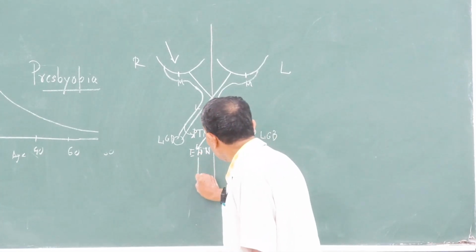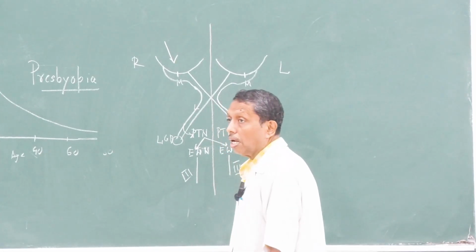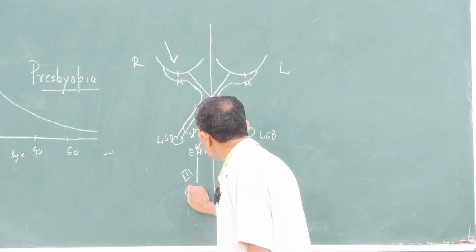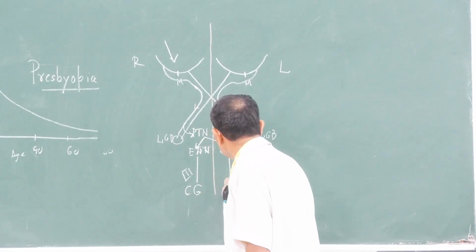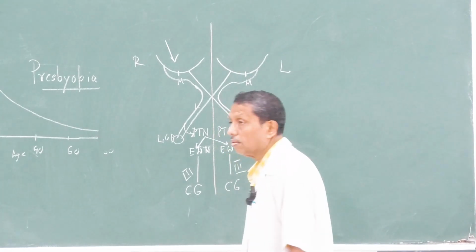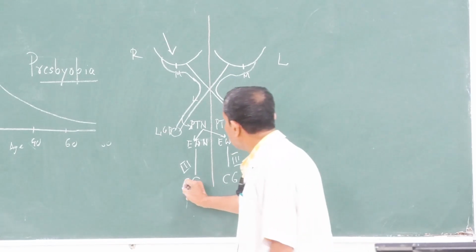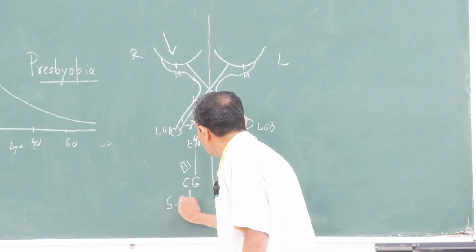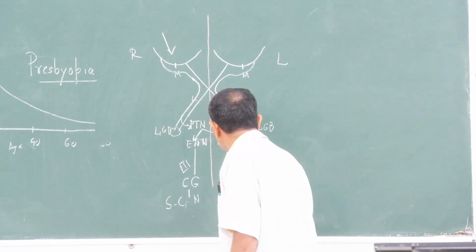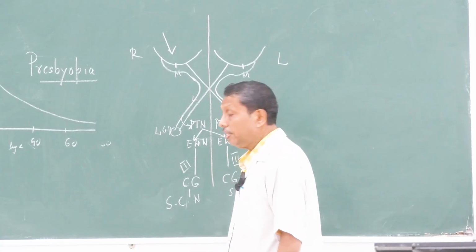It will then travel with the third cranial nerve up to the ciliary ganglion on either side, from which the short ciliary nerves go to the sphincter pupillae.